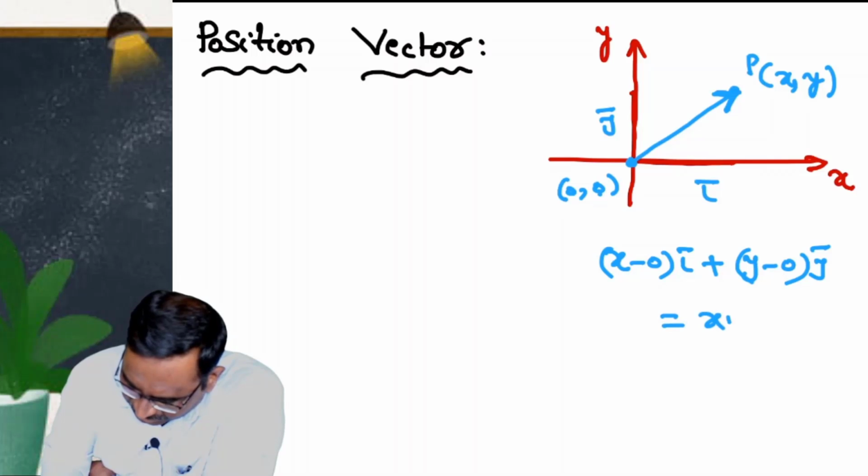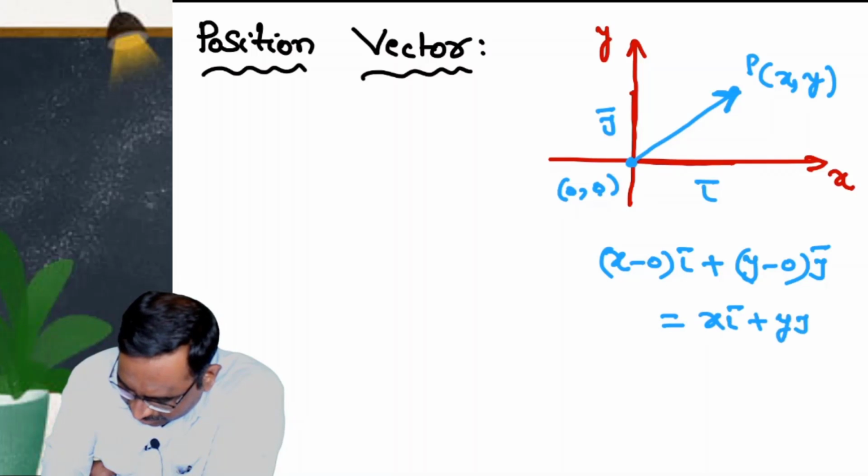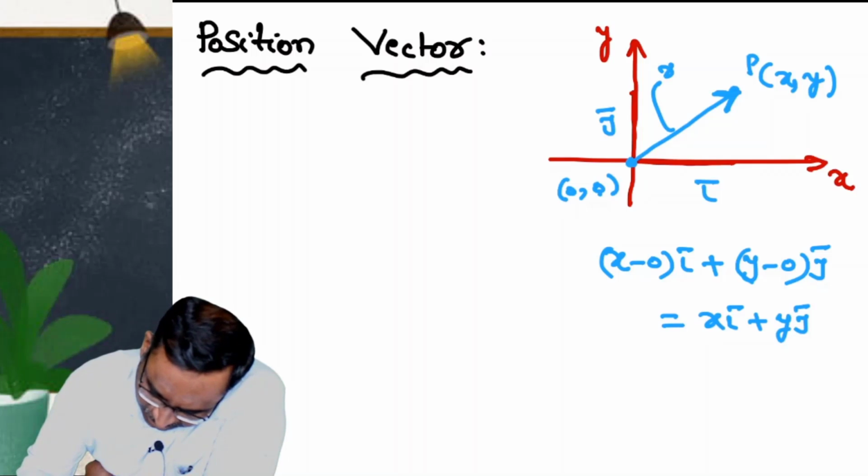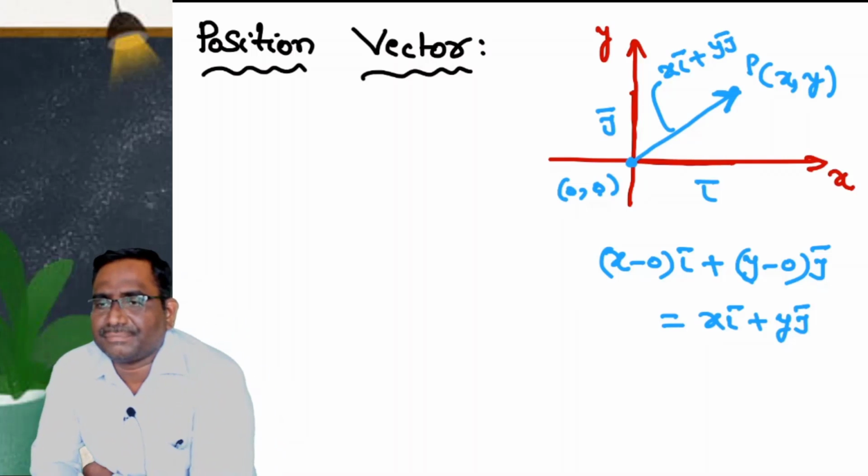This is equal to x i bar plus y j bar. So this is the vector x i bar plus y j bar.